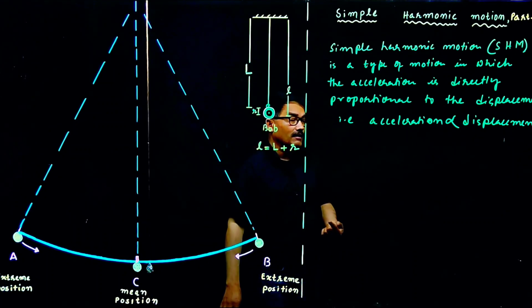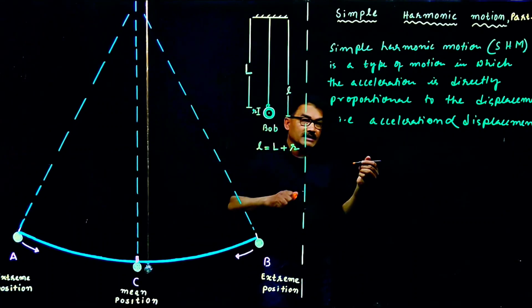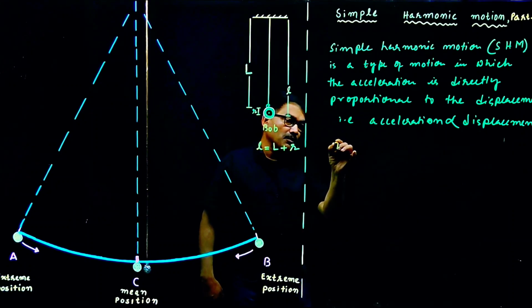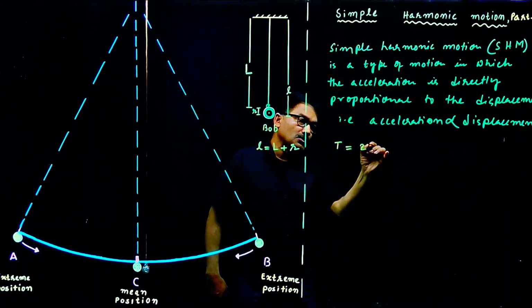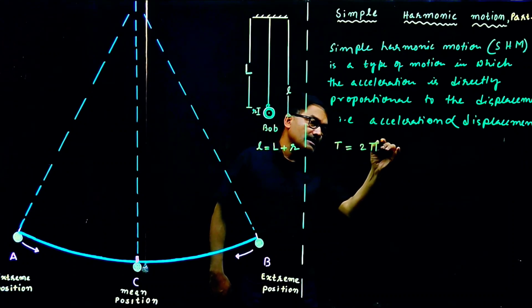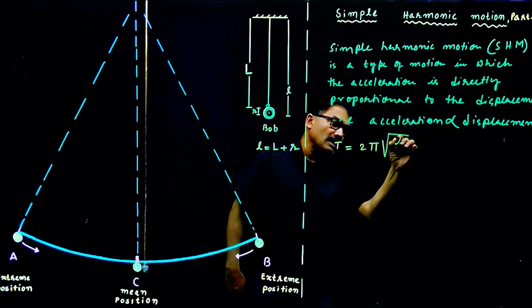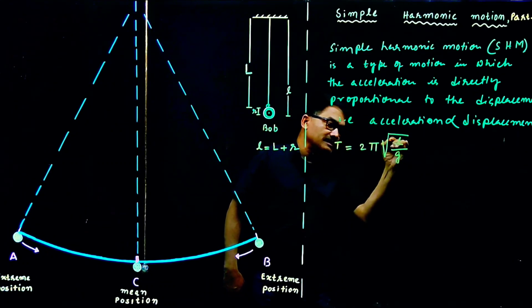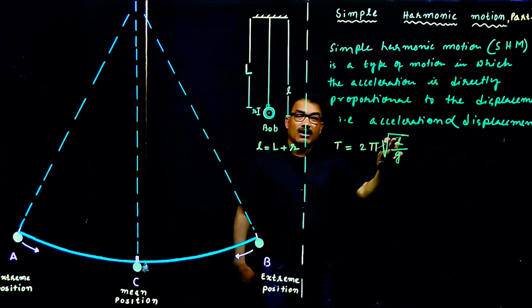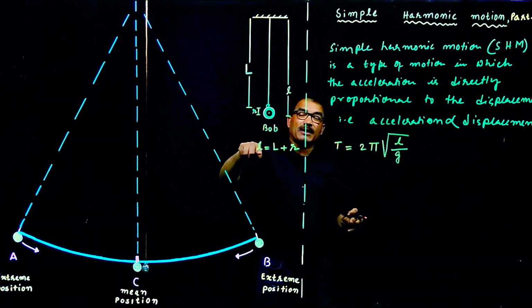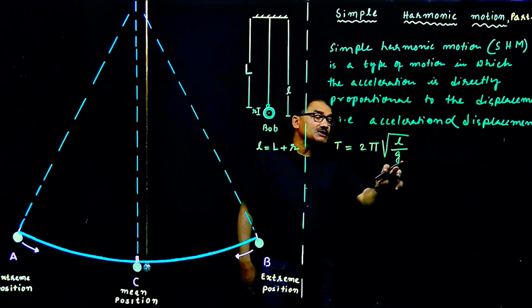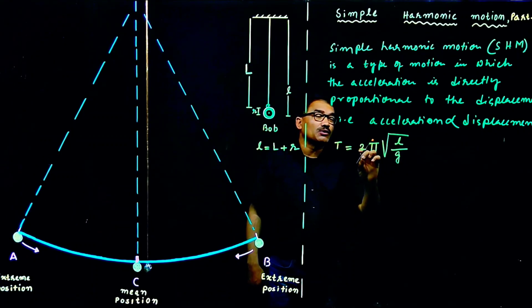And the time taken for one oscillation is given by the formula T is equal to 2 pi square root of L upon g. This L is called the effective length of the pendulum, and this g is called the acceleration due to gravity.